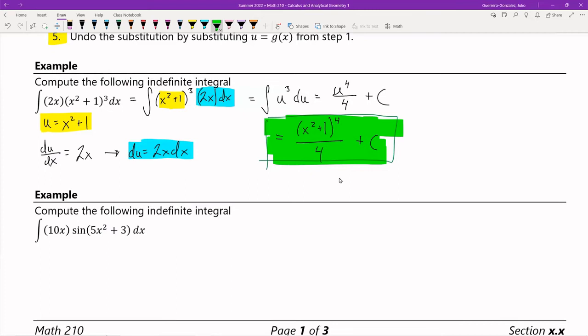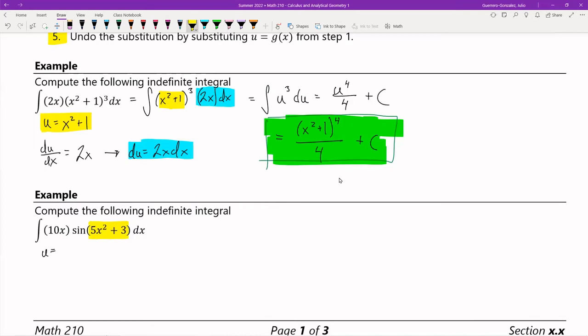Okay. So this doesn't only work with just polynomials. It can work with other ones. Let's do the one that follows. Okay. The integral of 10x times sine of (5x squared plus 3) dx. Hopefully you guys have already identified. So my u, I need something where the derivative is also in there, right?